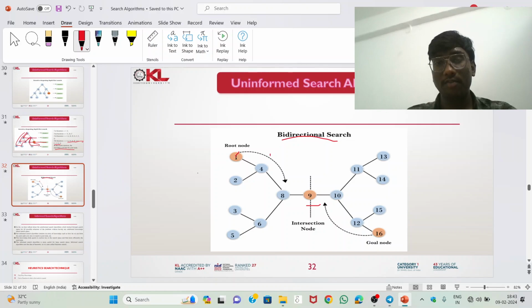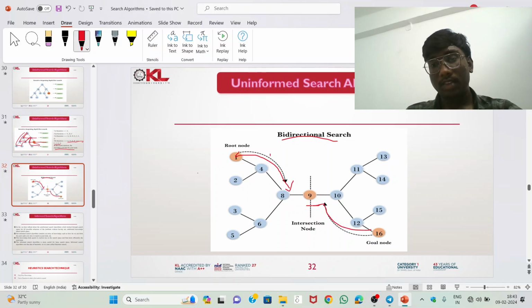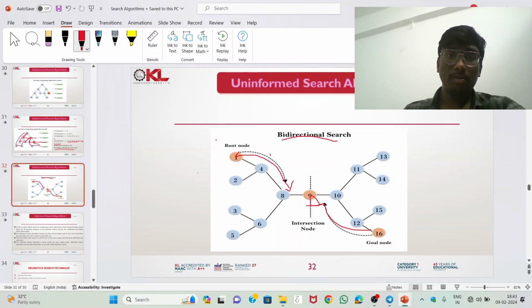Here we go from 1 to 9 and select a path, and from 16 to 9 we select a path. The right side is backtracking and the left side is forward search.